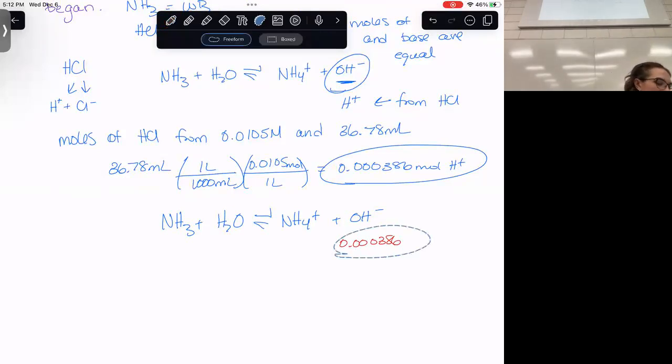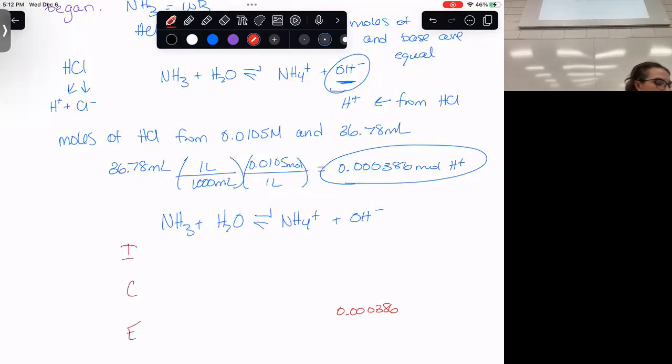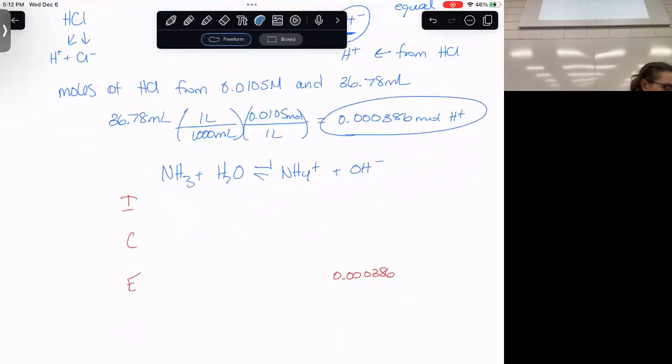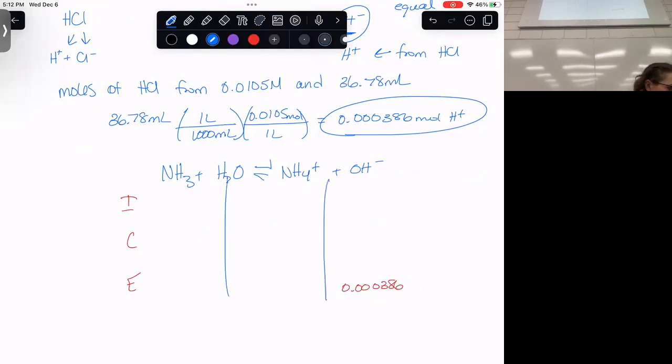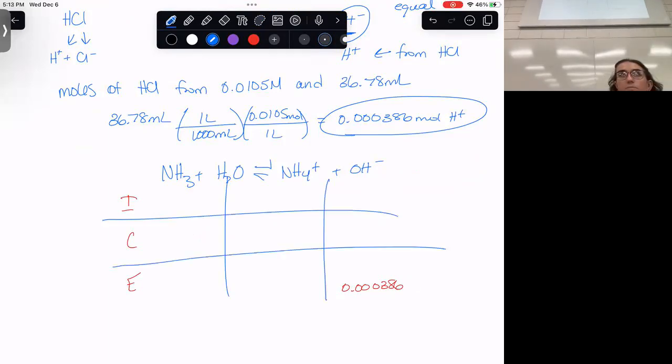Where is that technically in our ice table? Is that the initial, the change, or the equilibrium? That's our equilibrium, yep. So if that is our equilibrium, what else do we know?